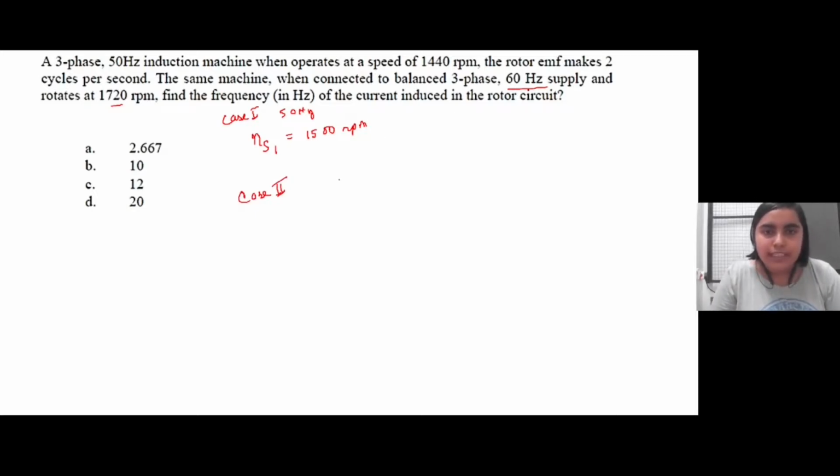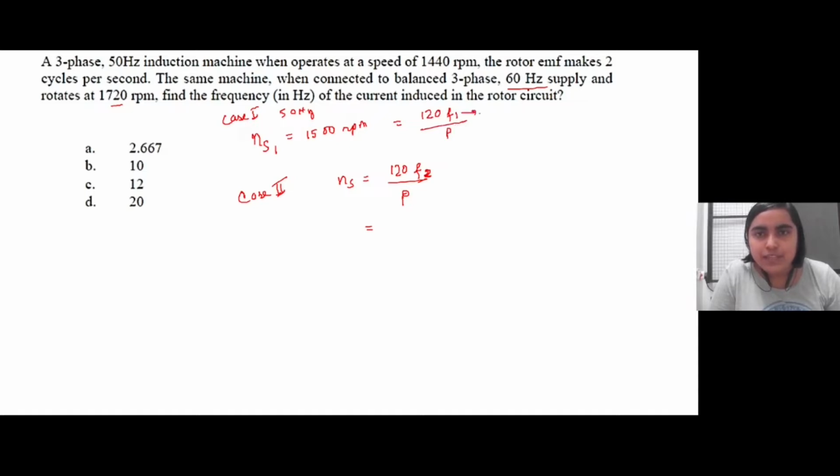So like you were saying, if we try to calculate ns, which is 120 f by p, since we do not have p, and this is the new frequency, that is 60 hertz, we can just write it in terms of ns1. Here it is 1500, which is again 120 f1 by p.